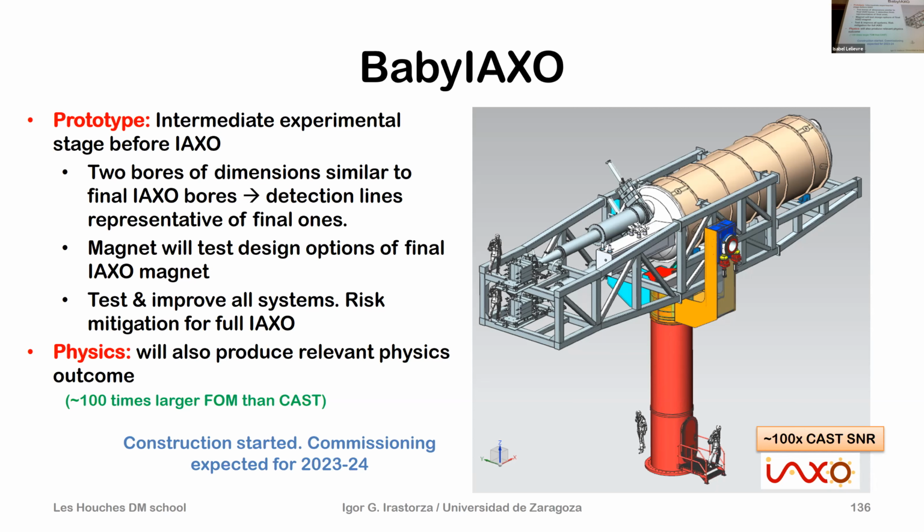This is roughly halfway between CAST and IAXO. This is already ongoing, and we hope to have first data in maybe 2024. So the projections that I will show now for these experiments are a few years ahead, hopefully.